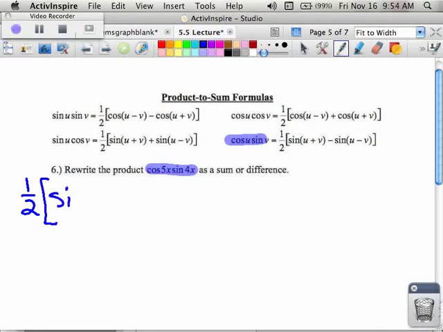So the next step would be to write it in a simplified version, which I would write as 1/2 bracket sine of 9x minus the sine of x. If you wanted to, you could distribute the 1/2 to both things. So some people like to see their students multiply that 1/2 out.